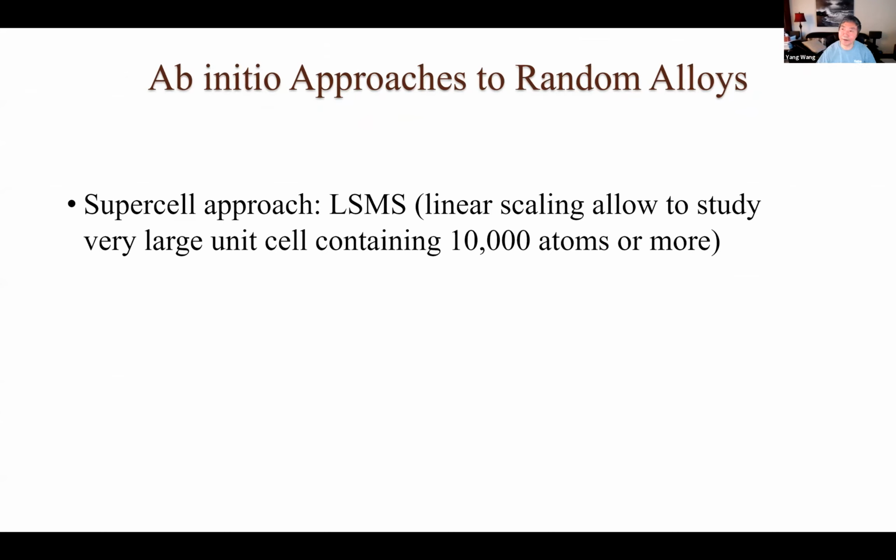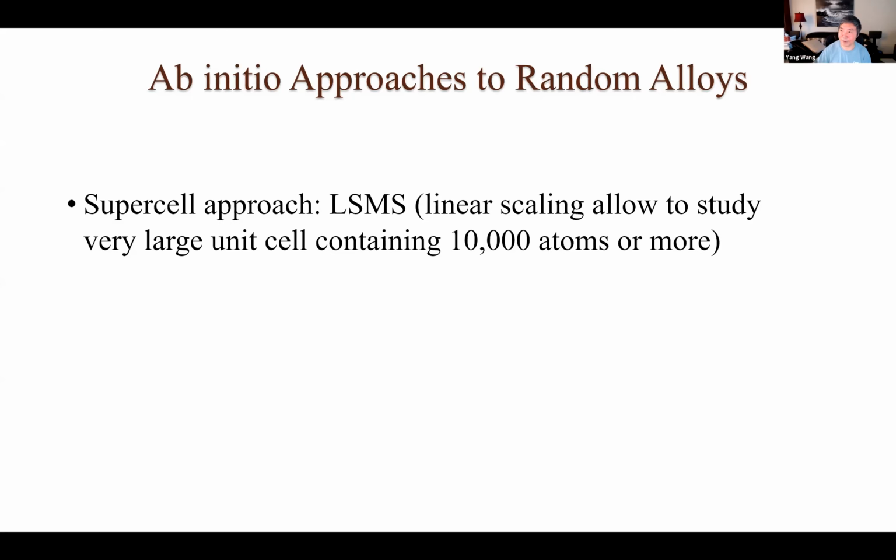In our toolbox, we have the LSMS method. It's a linear scaling method that allows us to study very large unit cells, up to tens of thousands of atoms. I don't know how many other methods can really do that. This is really linear scaling at the physics level.